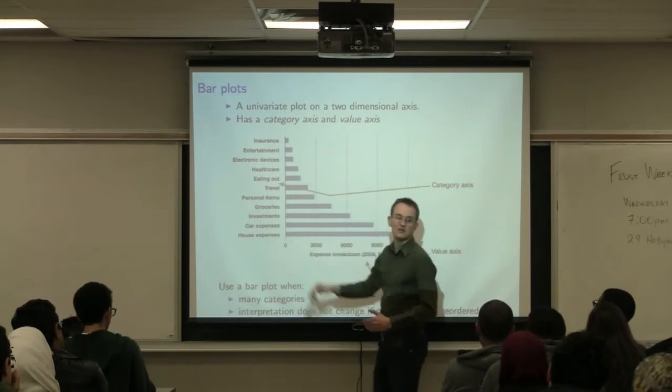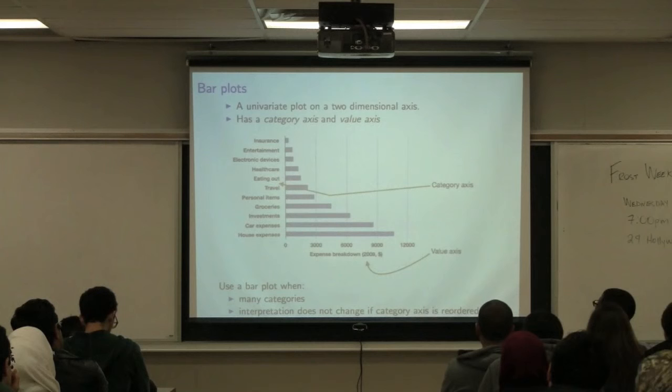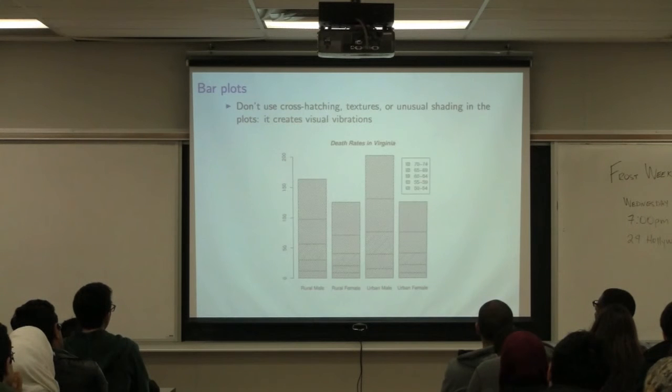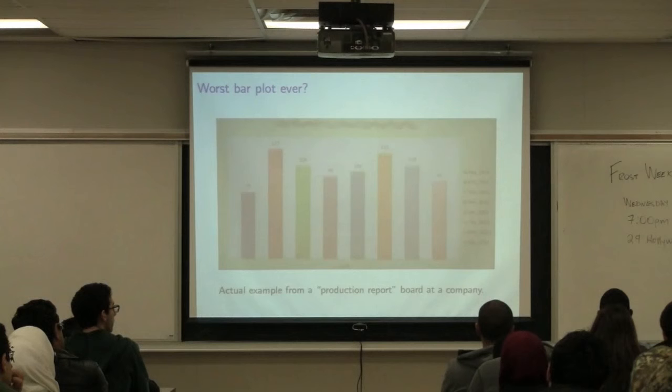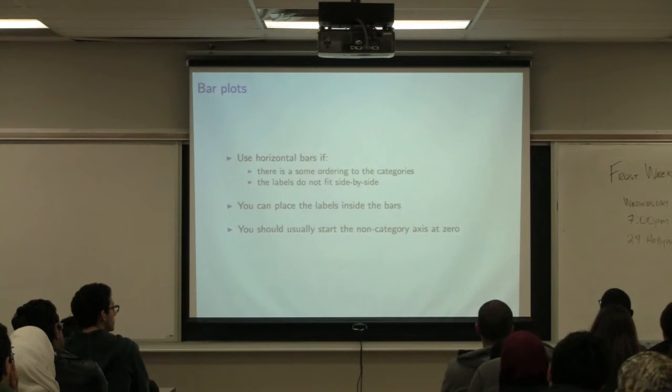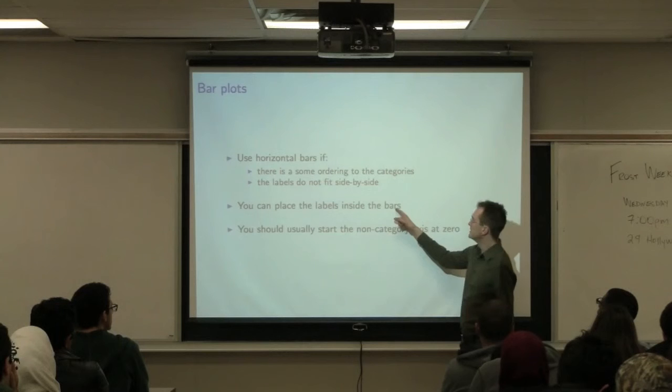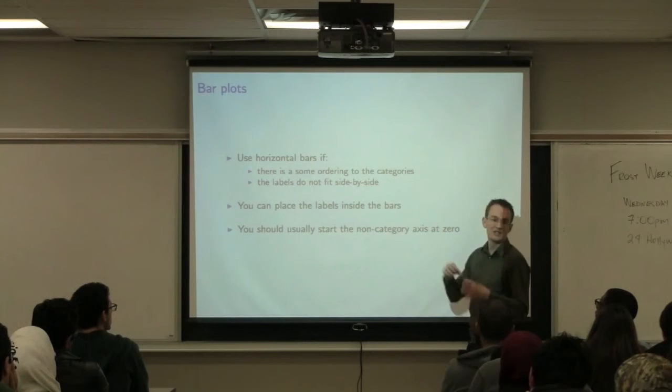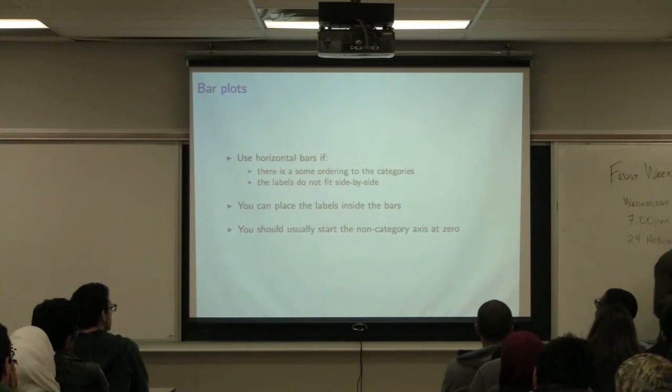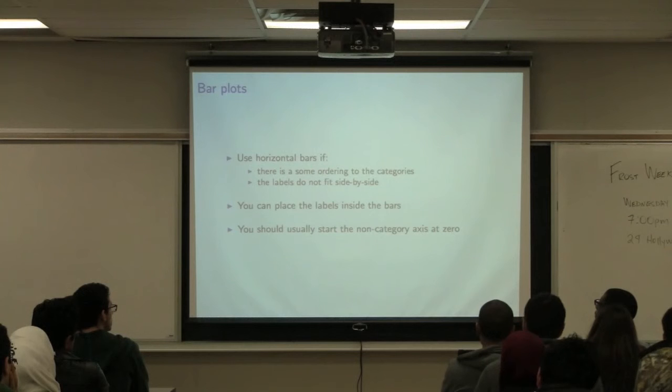No need to use the default alphabetical ordering or the default ordering that the software would provide for you. That helps decode the data in a fast way and helps emphasize what you want the reader to learn. Interestingly, you can often place your labels inside the bars, which can minimize the space taken by the graph.